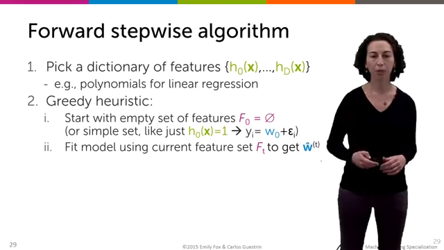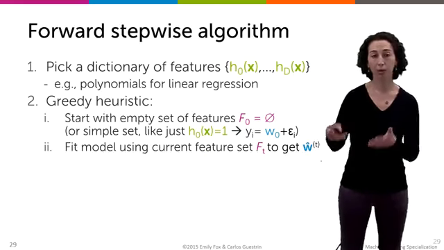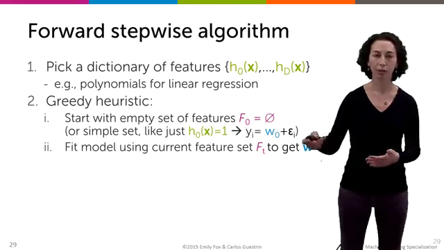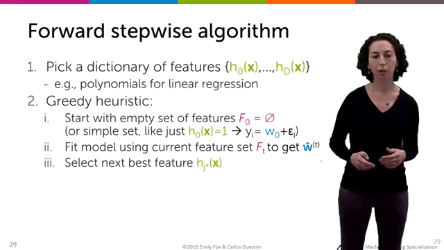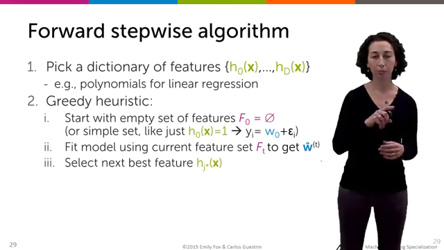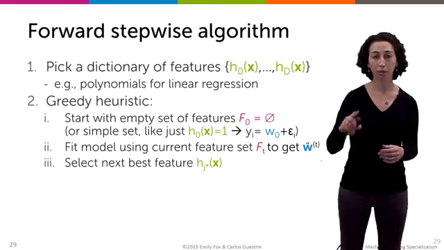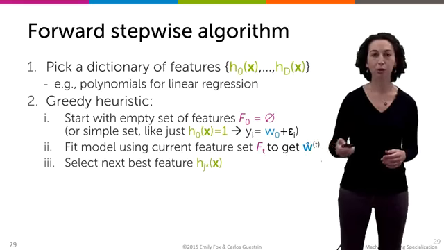But then what you're going to do is fit your model with whatever your current set of features are to get an estimate of the weights on those features, your estimate of your regression coefficients. And then you're going to search over all the possible features that you might add and choose the one that best improves your fit.